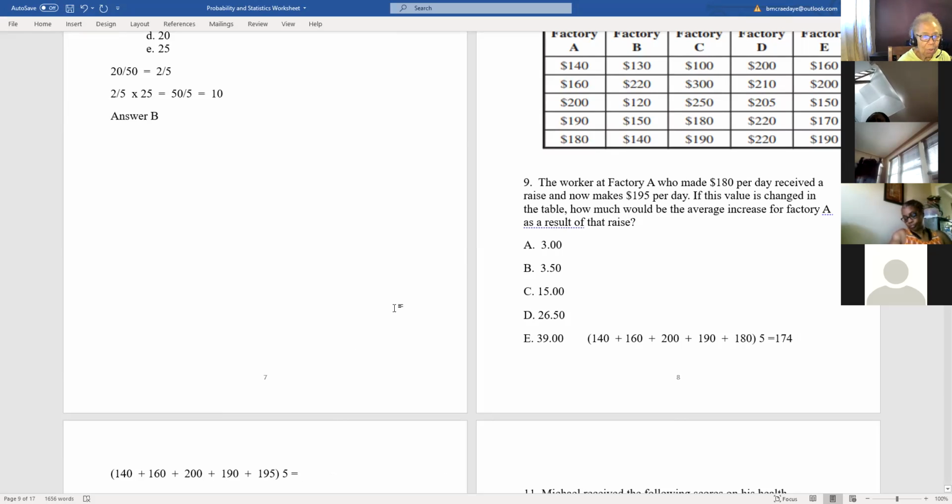No. This 180, Michelle, was increased to 195. So instead of 180, you put 195. See? Okay, so add that up, divide by 5. What do you get? 177. That's correct.